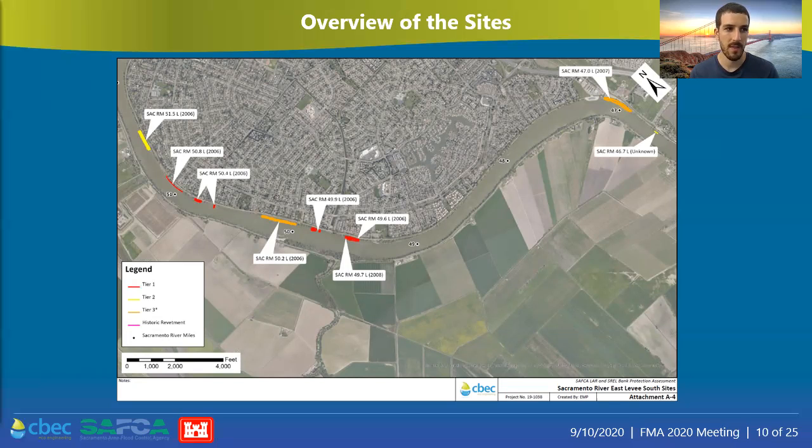So collectively, this is 43 sites with approximately 7.5 river miles in length.